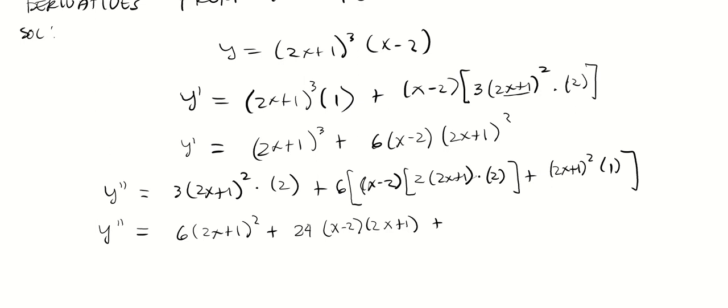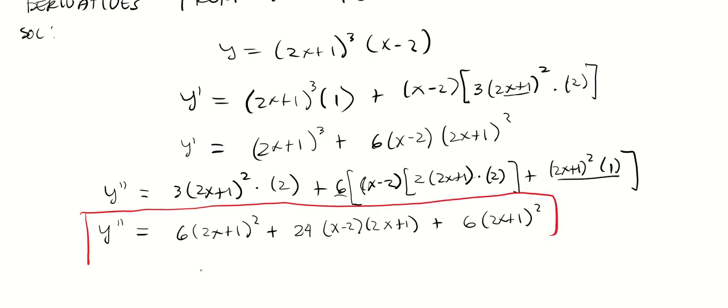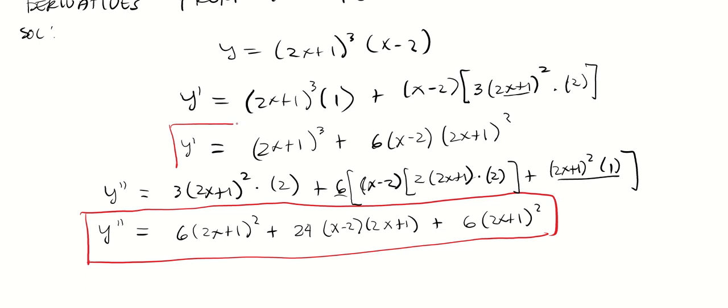Then plus 6 times this 1, (2x + 1) here, times 6. So 6 times (2x + 1)^2. And this will be y double prime. This is y prime.